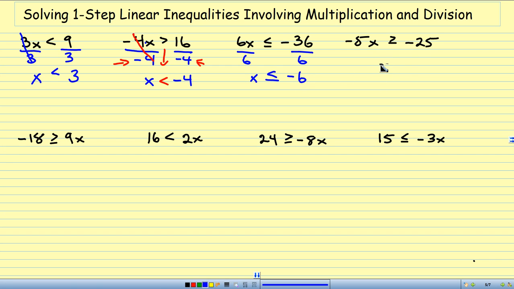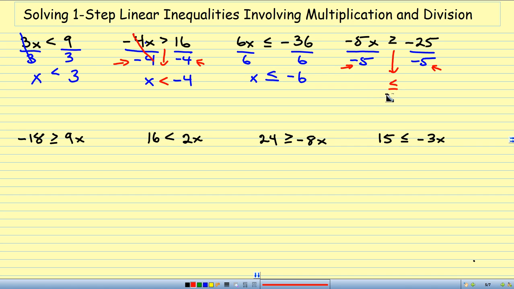And over here, I have negative 5x is greater than or equal to negative 25, so I'm going to divide both sides by negative 5. And just like I told you, I divided both sides by a negative. So this inequality switches direction.